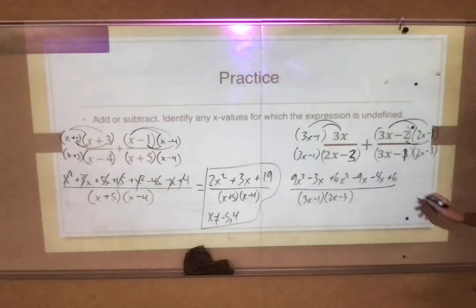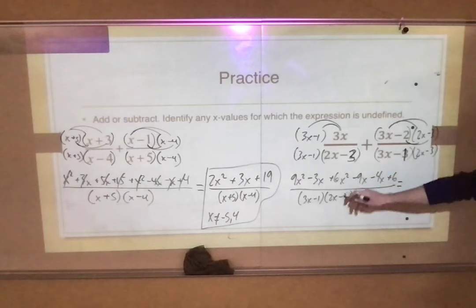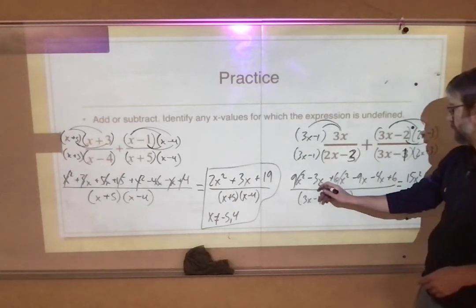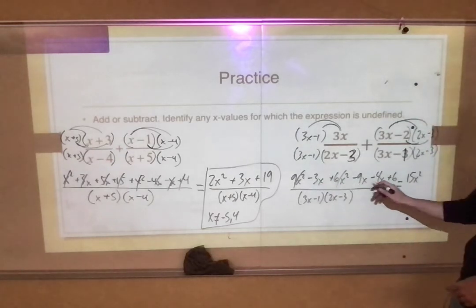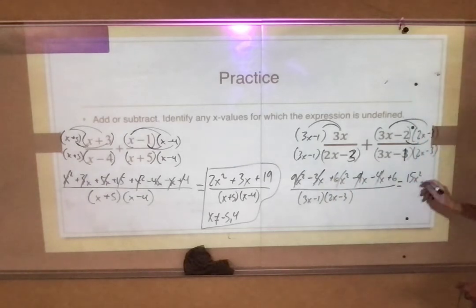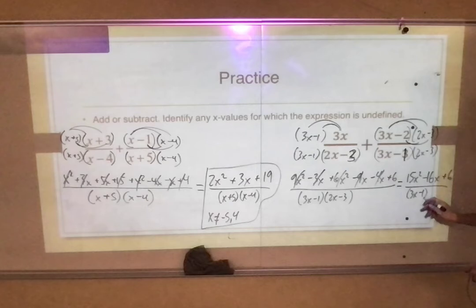And now we just have to combine like terms. I wonder if I can fit this. 9 plus 6x squared is 15x squared. Minus 3 minus 9 minus 4 makes minus 16x, right? 12, 16, yep, plus 6. All over 3x minus 1, 2x minus 3.